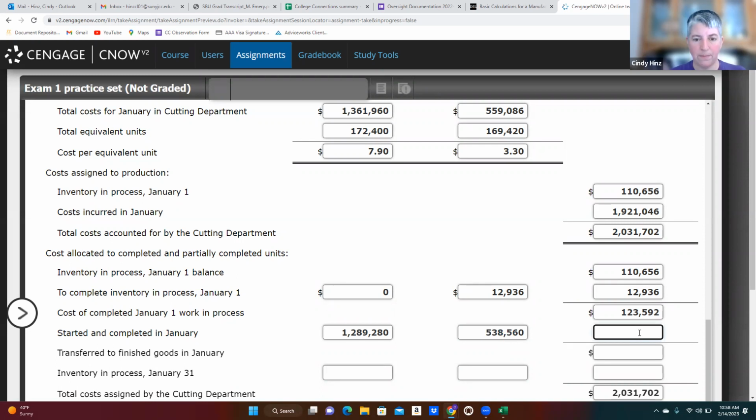Add across to get the total for those units started and completed in January. Add that to the cost of the beginning inventory, and we get the total that was transferred to finished goods in January.